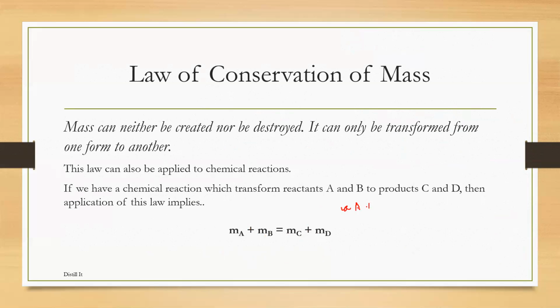So for example, if we have this particular chemical reaction, then whatever would be the mass of the reactants, the same would be the mass of the products. When we do problems, I'll help you to identify this particular law.